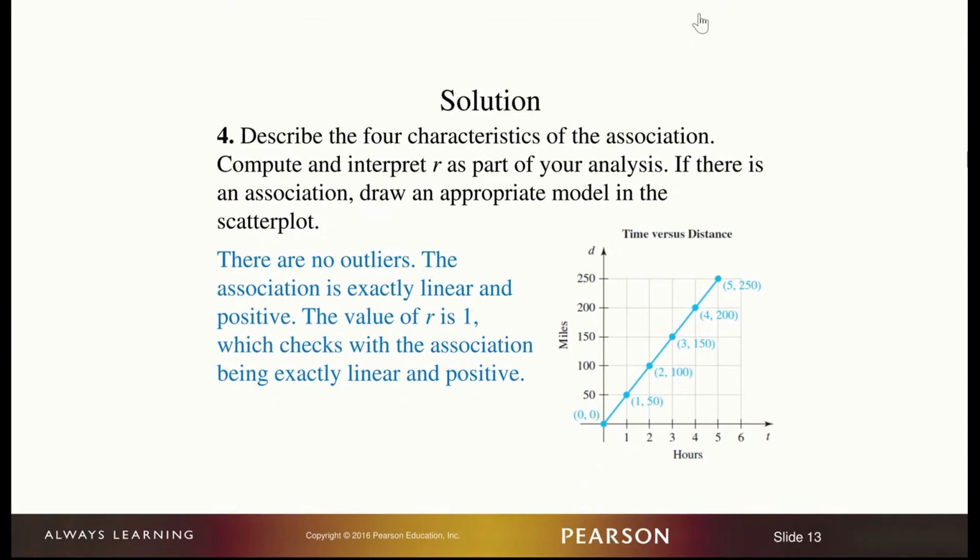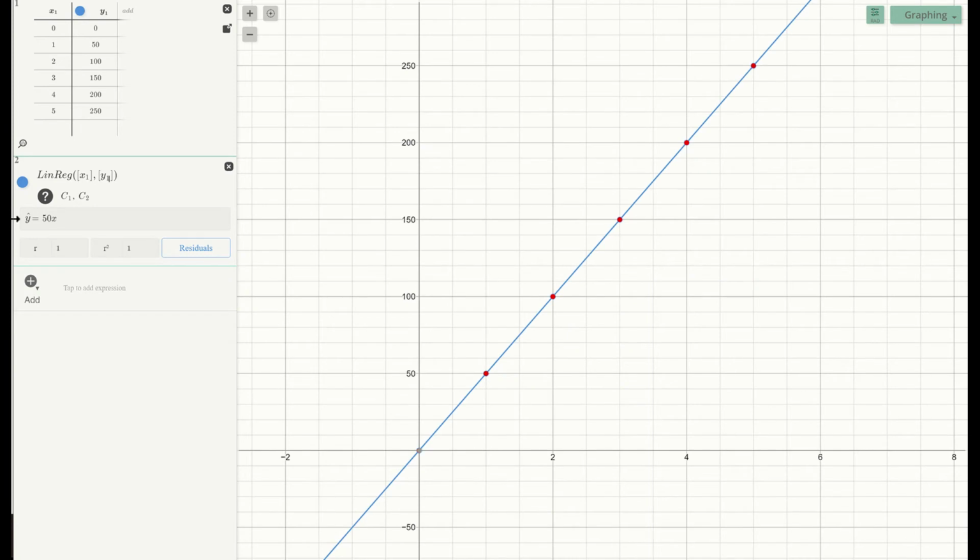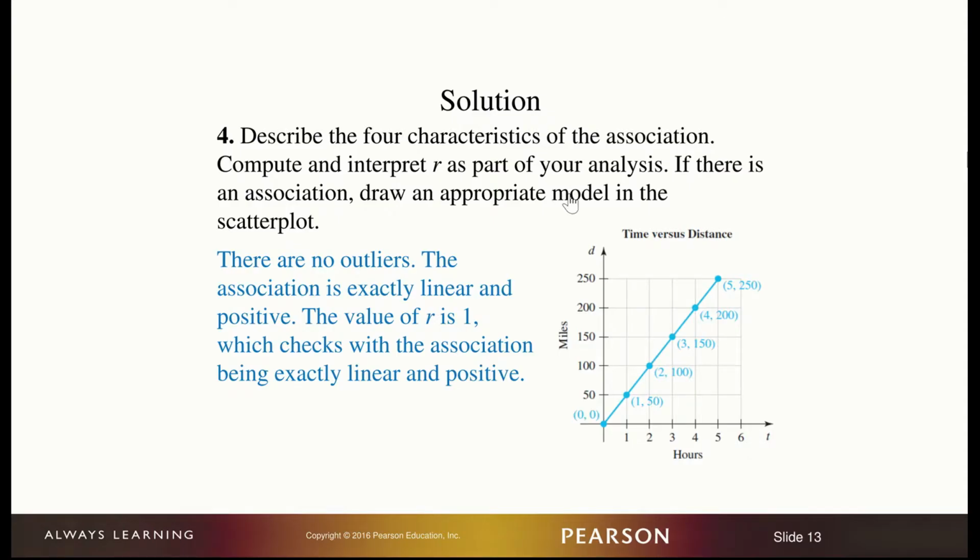We even saw the equation. If you recall, it's actually going to be y equals 50x. That's the best fit line, which is a perfect fit line actually, given that it will hit every point in the data set, right? Therefore, the name exact linear correlation.